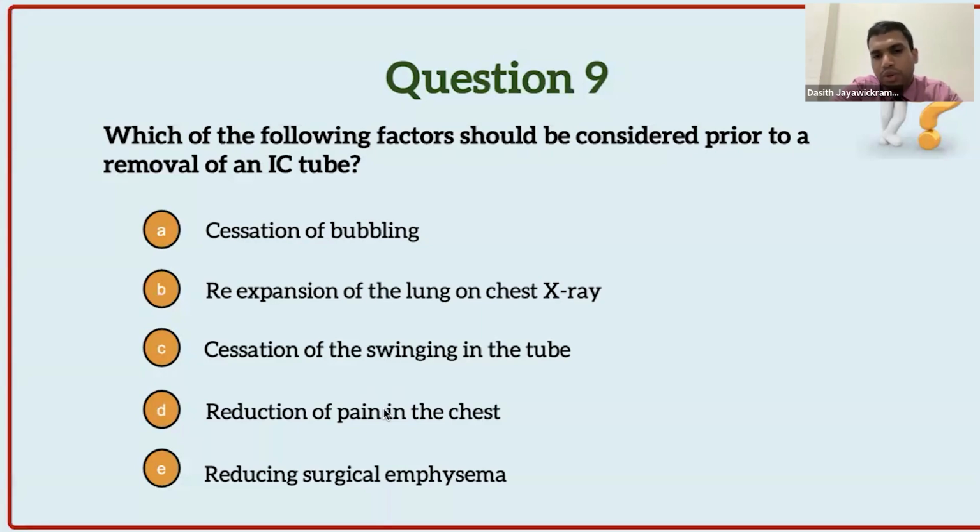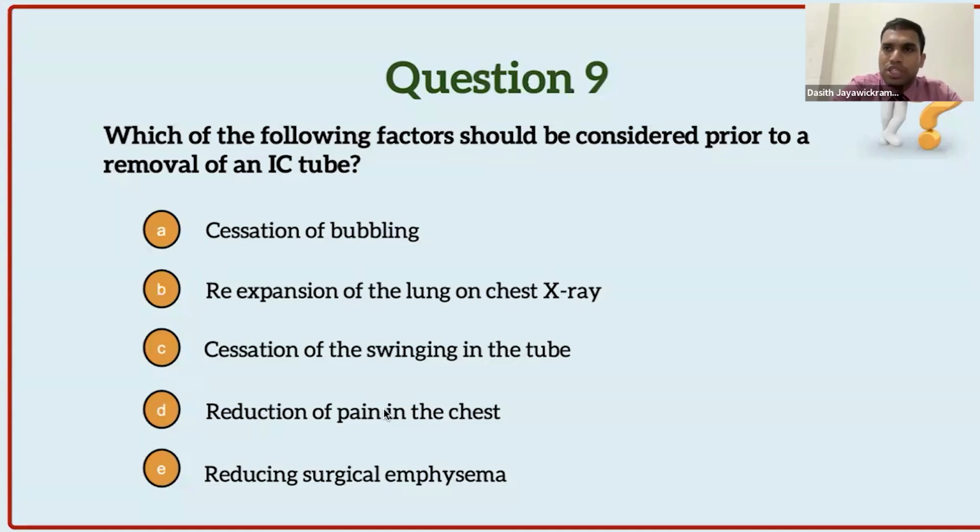So if there's bubbling ongoing, we can't remove the ICD tube, because otherwise the pneumothorax will appear again. Re-expansion of the lung on the chest X-ray: yes, if the lung is not re-expanded on the chest X-ray, we can't remove it. Cessation of the swinging of the tube: yes.